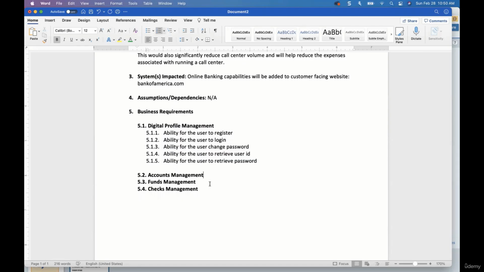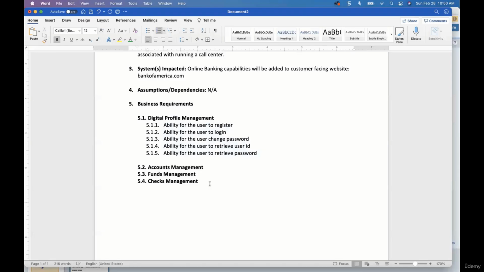All right, does anyone need more time on this? Are we good? All right, so let's talk about some functionalities or capabilities of accounts management. What is the first thing that I can talk about?